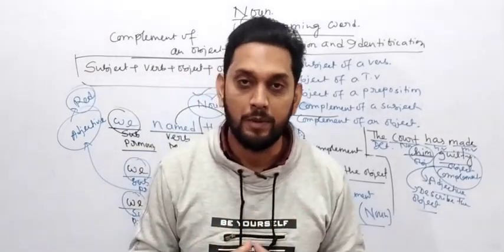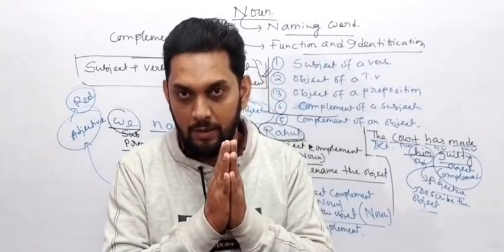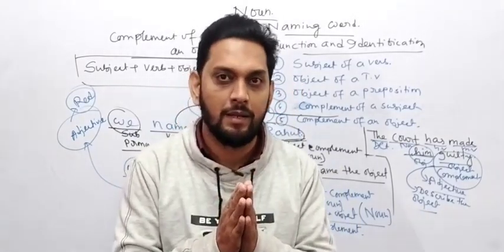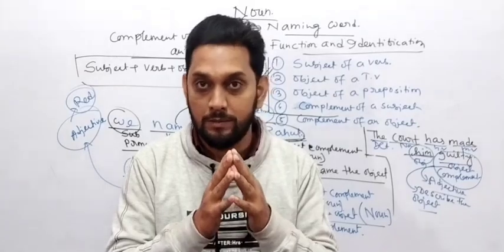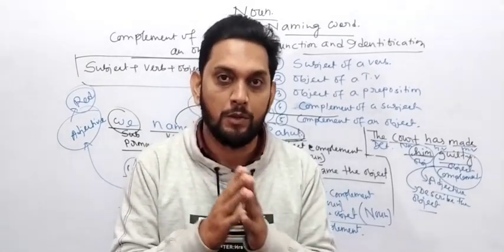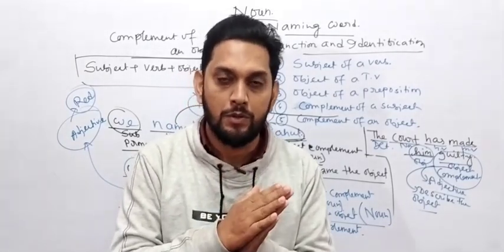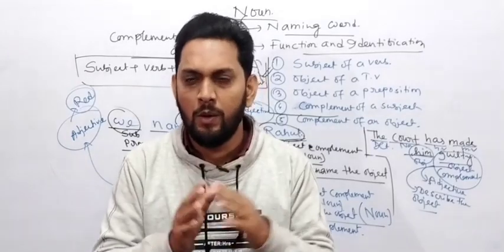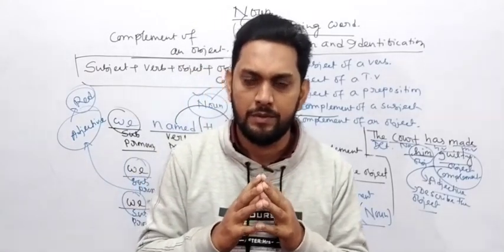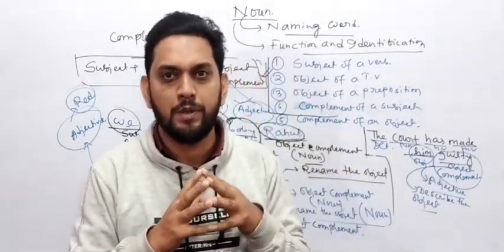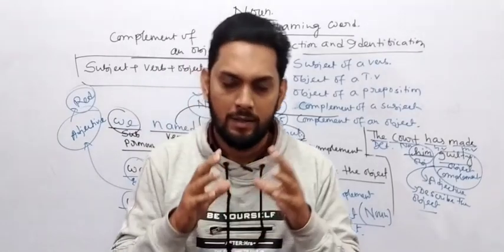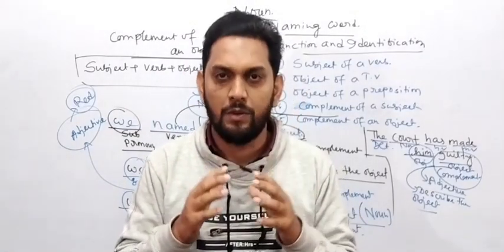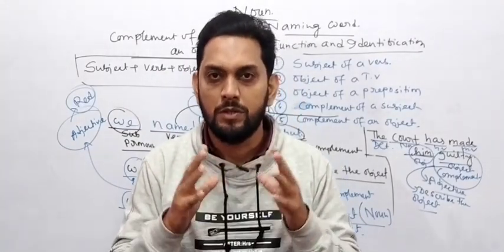How can you find out the common noun? What are the ways to understand whether it is a common noun or not? A common noun can also be converted from singular to plural. We need to understand all these very important things, and we are going to learn them.